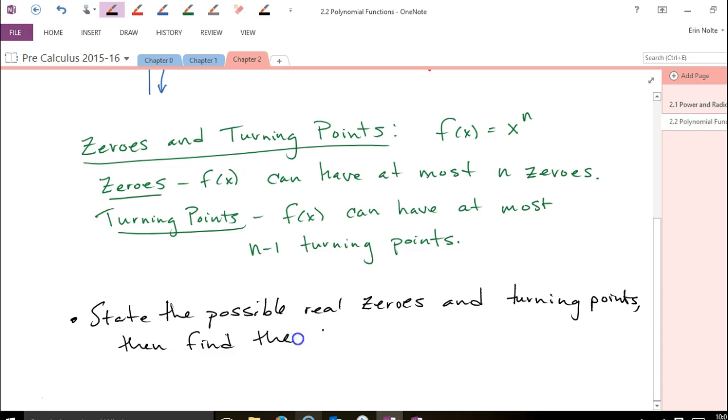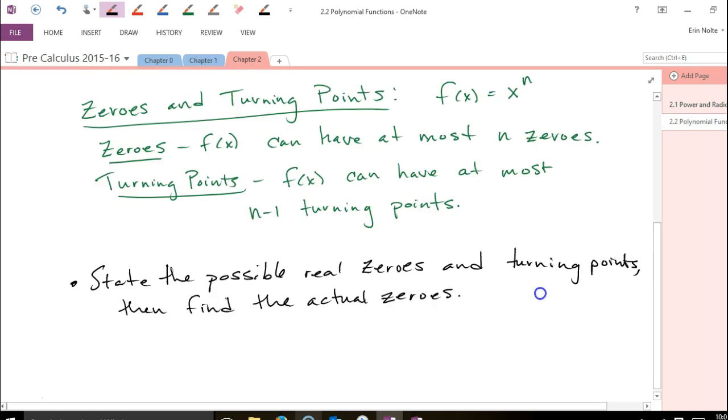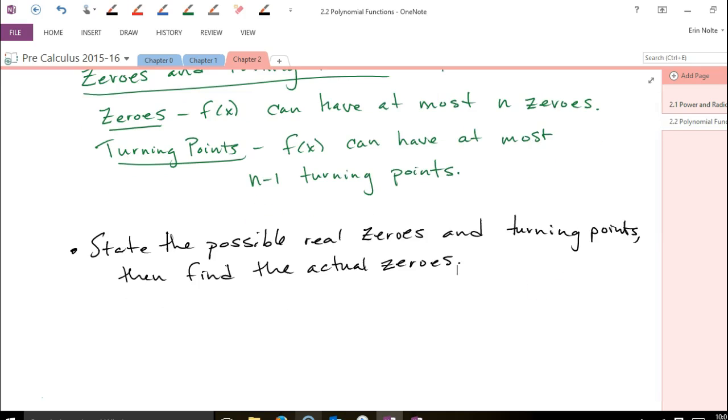Find the actual. So they're only going to ask you to find actual zeros, and not the actual turning points, but just to understand what you're dealing with.